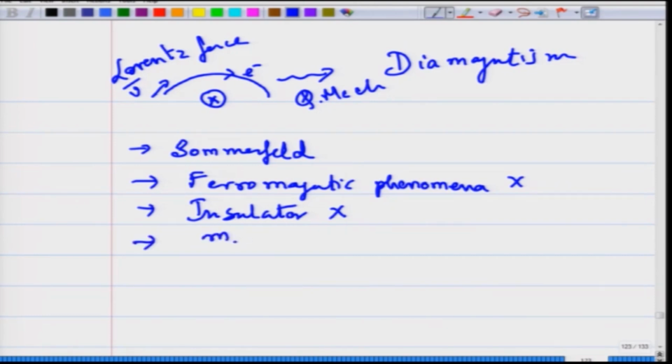That the observed electron mass inside the solid can be 10 times the free electron mass is another drawback of Sommerfeld's model. The magnetic field dependence of the conductivity of the material, not the Hall effect, but just the longitudinal conductivity or the resistivity and its dependence on magnetic field, is not explained through Sommerfeld's formalism.